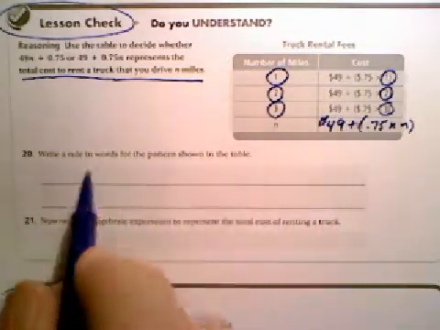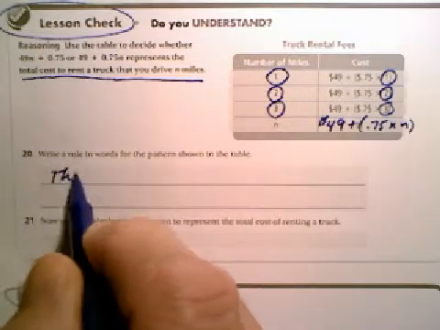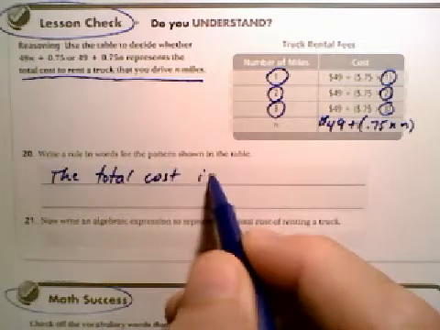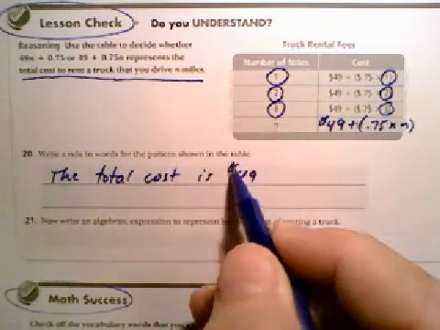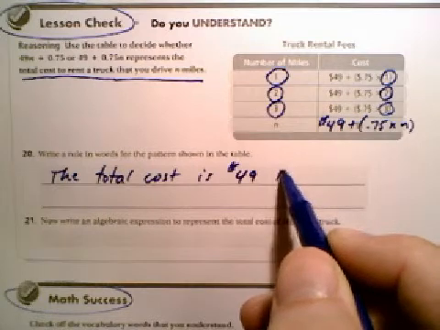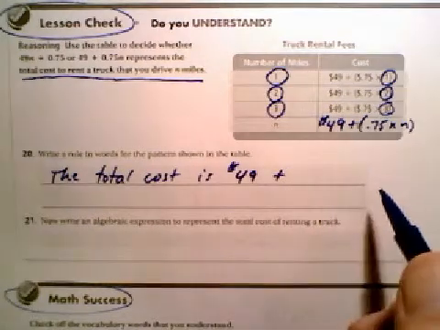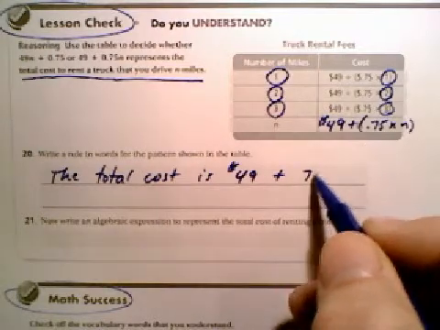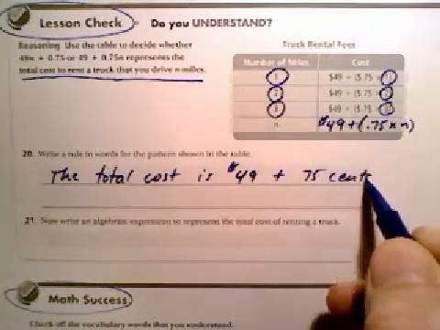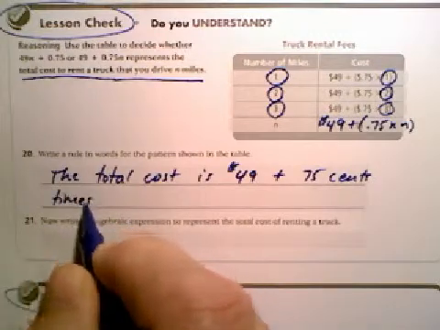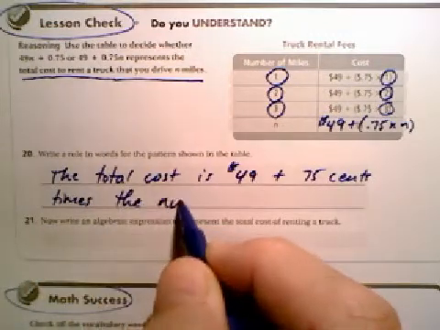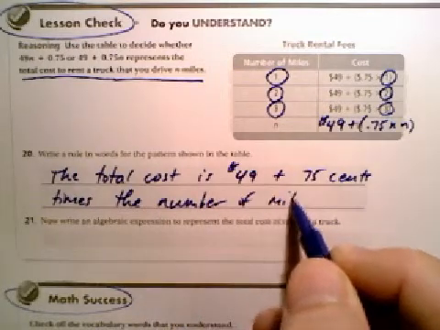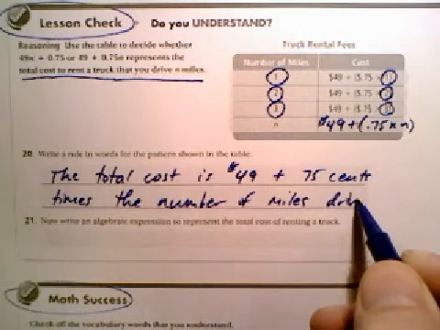Well, the rule would be the total cost is $49 plus, I'll use a symbol there, plus 75 cents times the number of miles driven. So that's what we're talking about here.